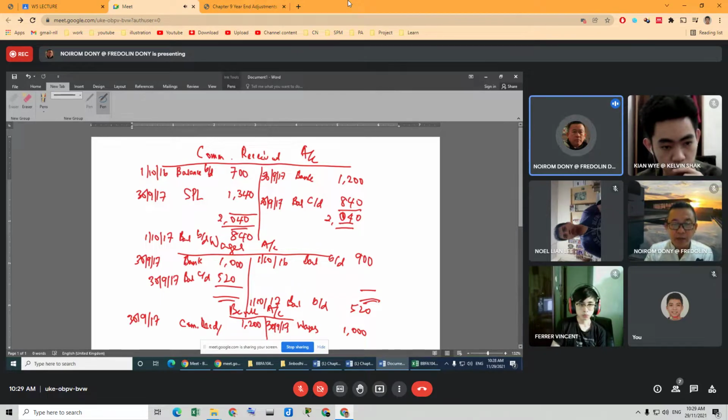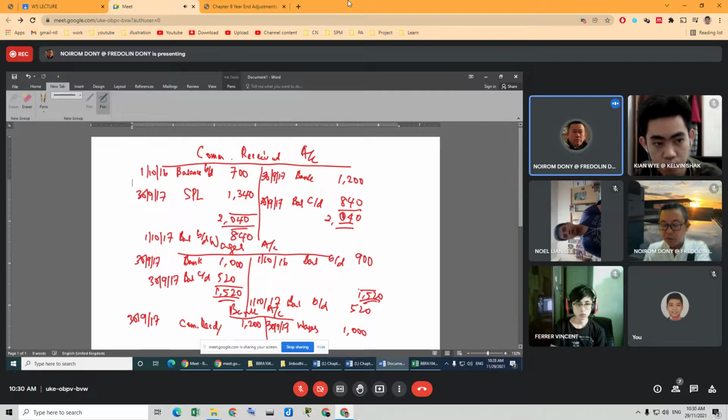And for wages, okay, debit total, which is 1,520, is the highest amount. So use that amount as a total for both sides. And in order to make total credit 1,520, you do 1,520 minus 900.